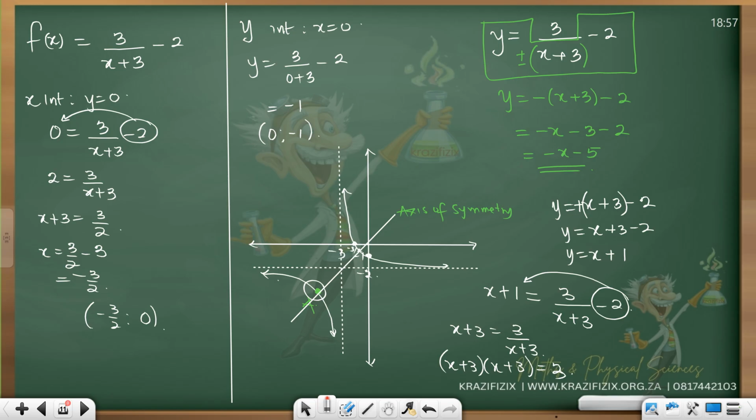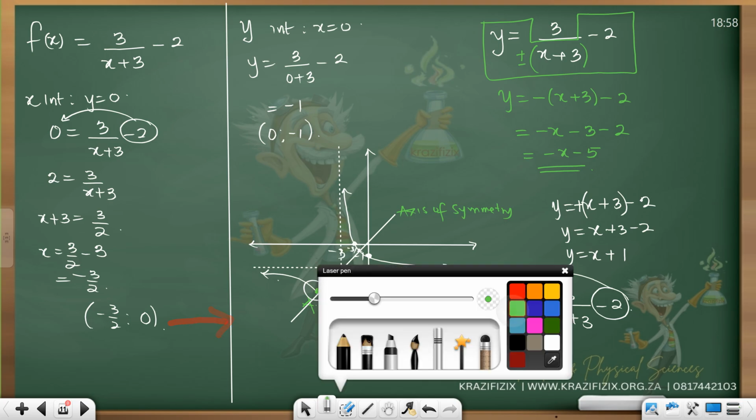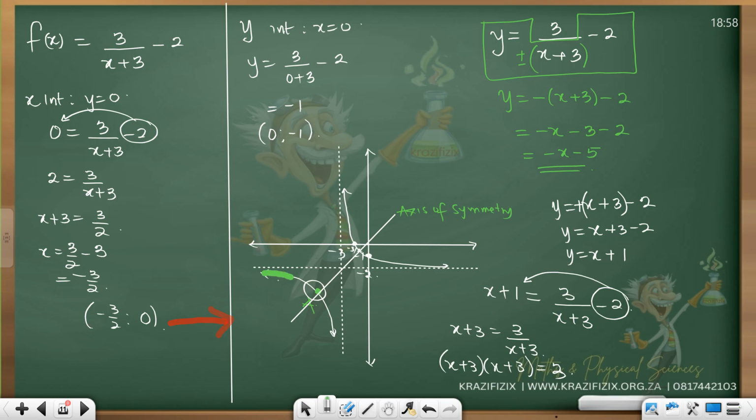Sir? Yes? Can you please repeat A? A. Okay. Yes. And Claire, we said it is decreasing. A decreasing function has a negative gradient. And a quick way to look at that is when it's function, we read from left to right. So if you look at this, am I going up or going down? So it's going down. Good. That's a decreasing function. If I start from here, what's happening?